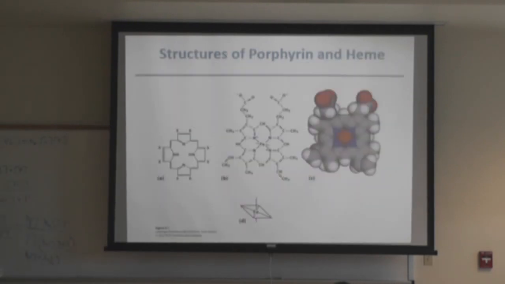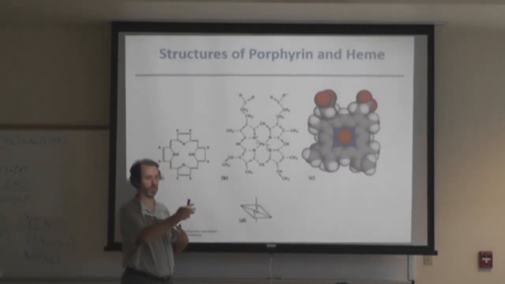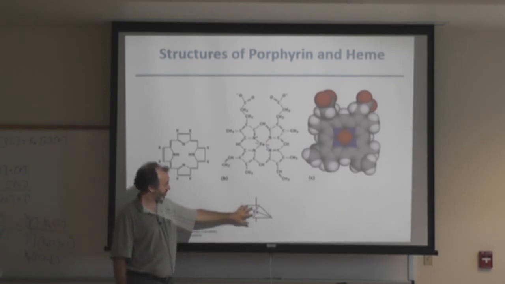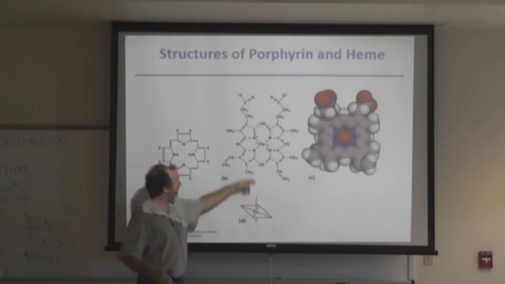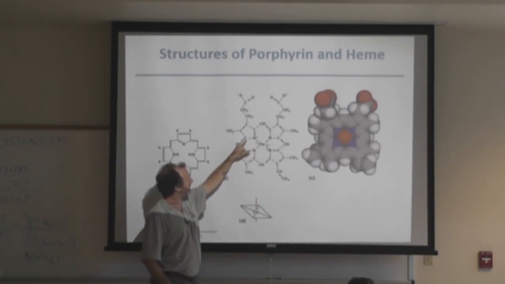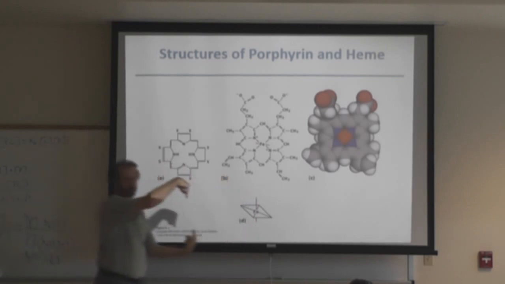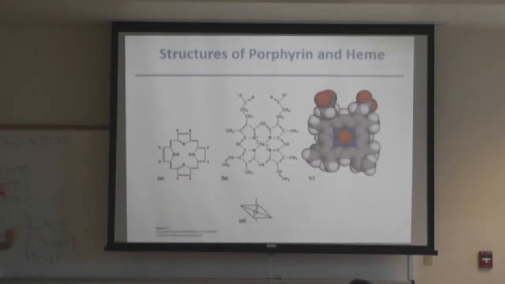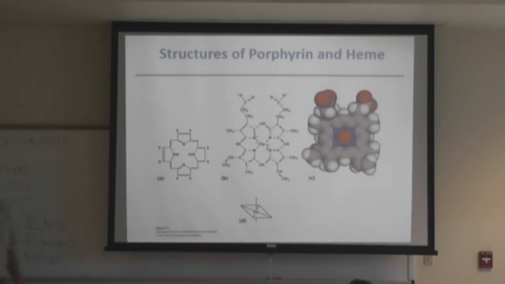And this is the structure of the heme group. So you have all these nitrogens. Iron can form 6 coordinate bonds. This square planar arrangement is where they'll accept the electrons around the iron. So the iron is coordinated with the heme group. And then you have 2 other sites that are 180 degrees apart. One will coordinate with an oxygen, and the other actually forms a bond with the histidine on either the hemoglobin or the myoglobin.